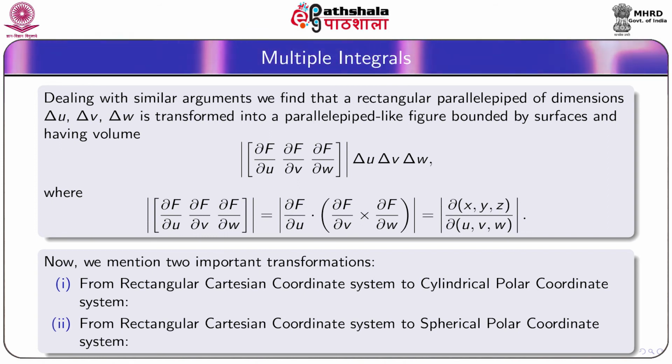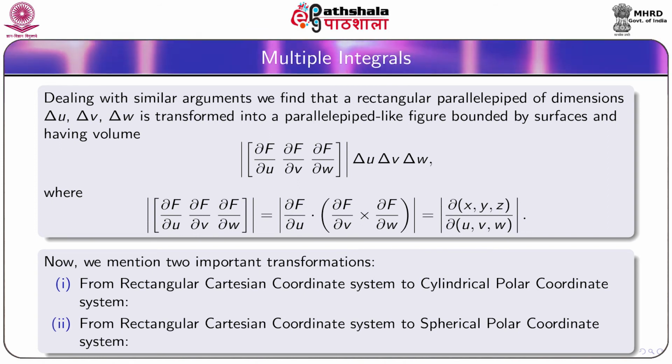Now, we mention two important transformations which we use regularly. First one, from rectangular Cartesian coordinate system to cylindrical polar coordinate system, and second, from rectangular Cartesian coordinate system to spherical polar coordinate system.